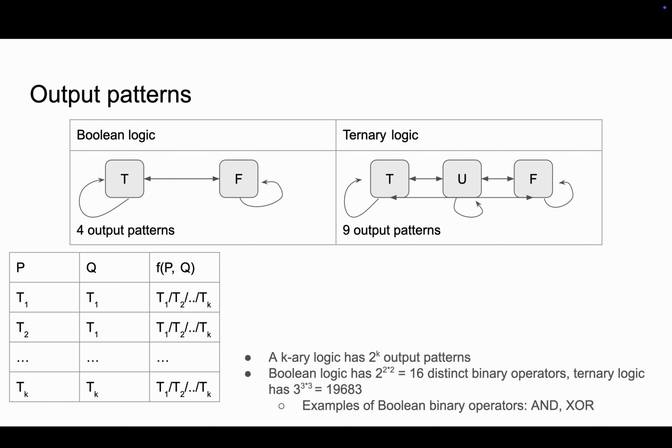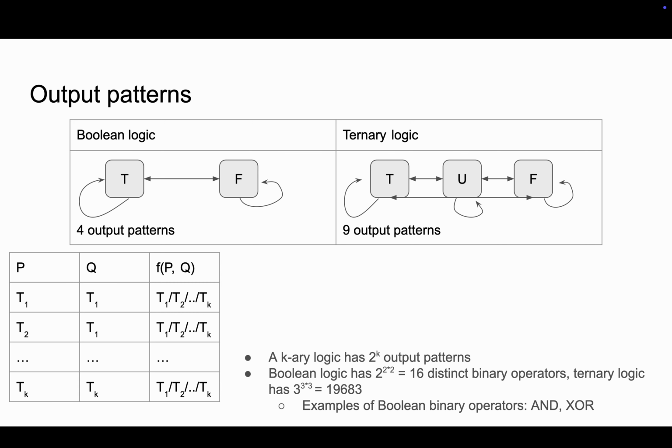For example, if your pair of truth values P and Q is true and true, then the AND binary operator will map it to an output of true. If it is false and true, then the AND binary operator will map it to an output of false. So this is how a binary operator works.